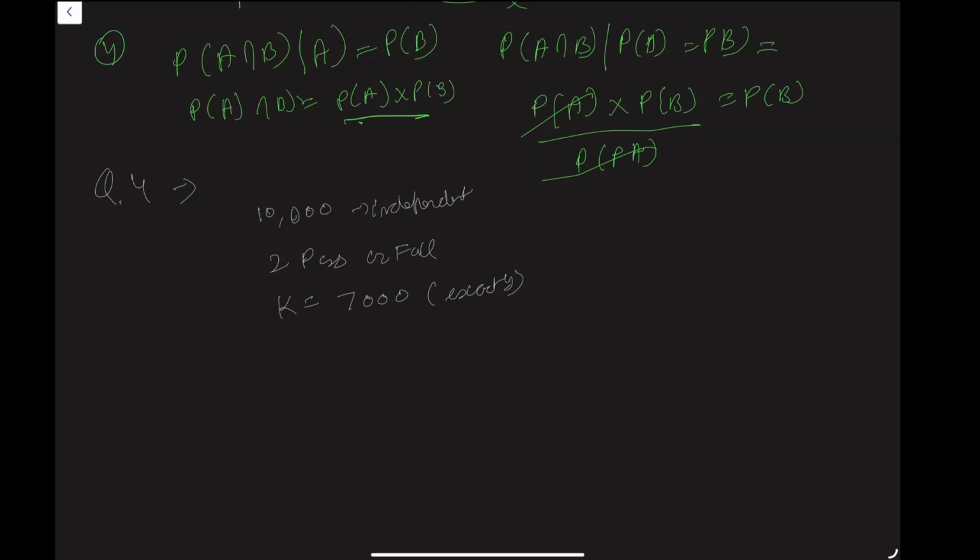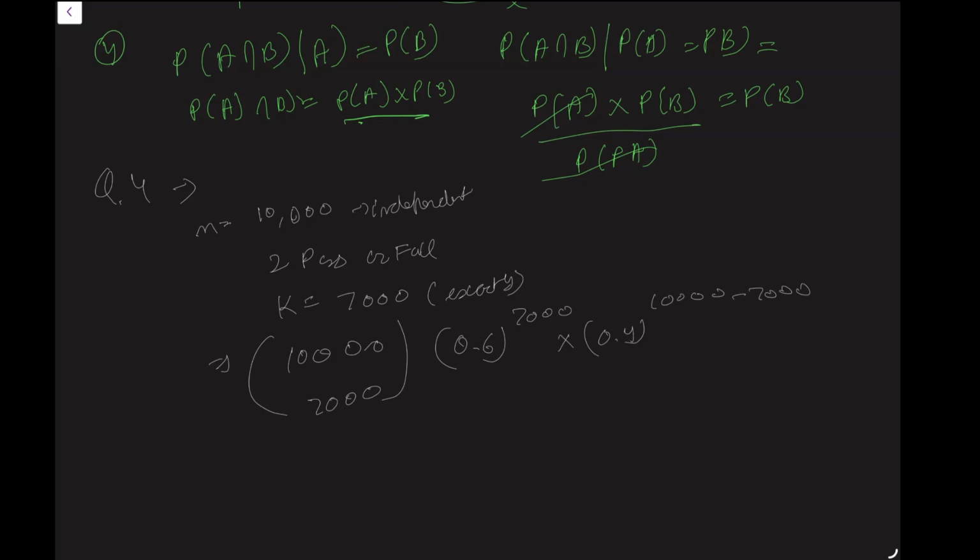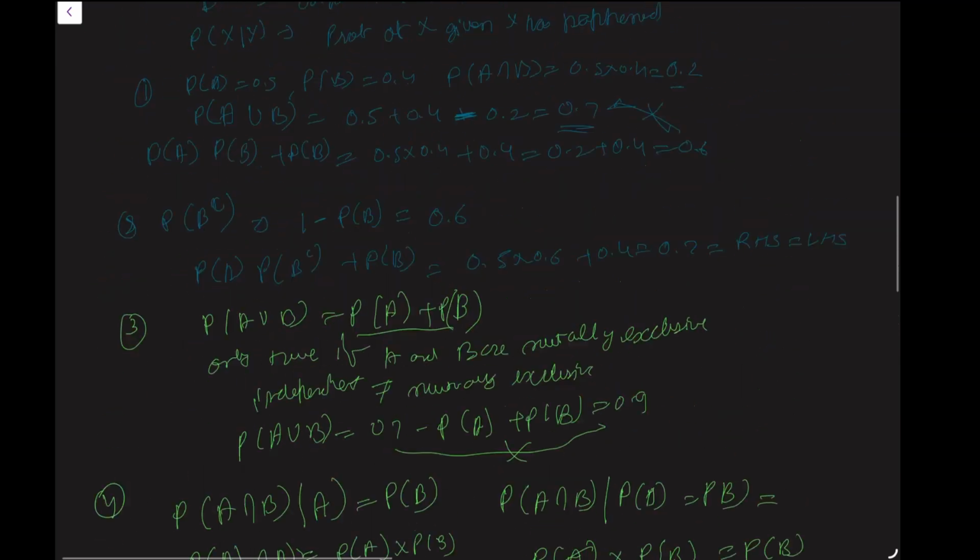So I think you now know the binomial formula. This is your n. Then if you put the equation, you get 10,000 factorial, and then you get 0.6 because the probability of passing is 0.6 to the power of 7,000. For 7,000, we want to get the answer. 0.4 is not passing, to the power of 10,000 minus 7,000. This is going to be our answer. Now let's check the options.